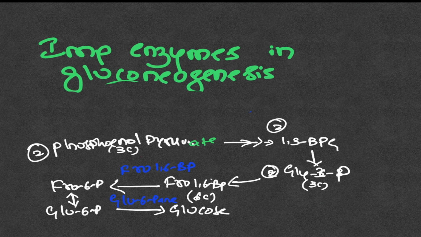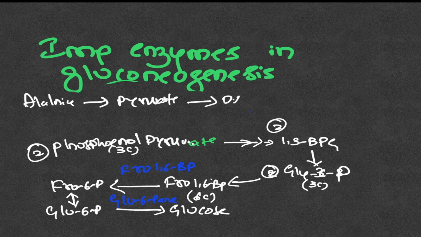So, just to quickly recap, we have alanine converted into pyruvate, and pyruvate is converted into oxaloacetate. Oxaloacetate is converted into phosphoenol pyruvate. Okay. So, I just condensed all the reactions which I have explained previously.